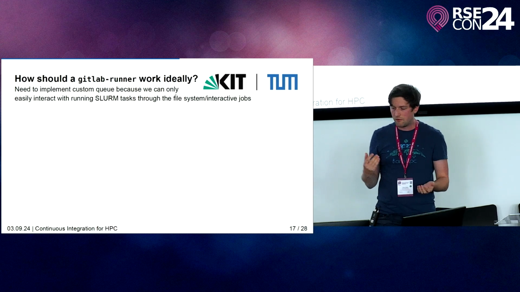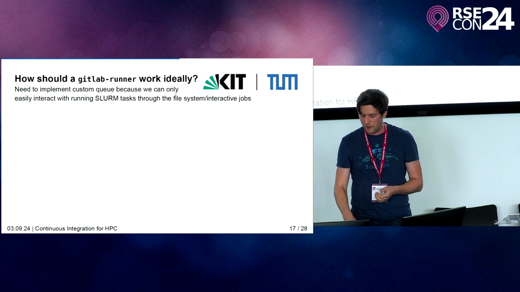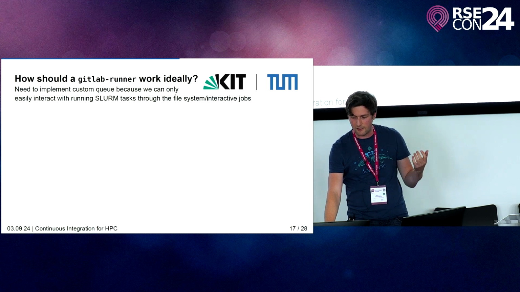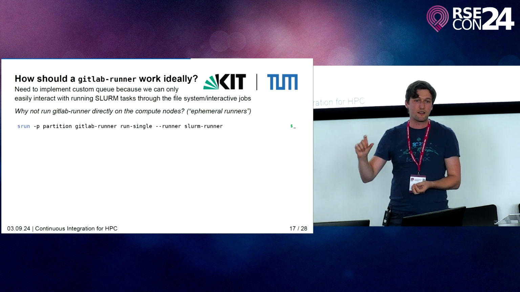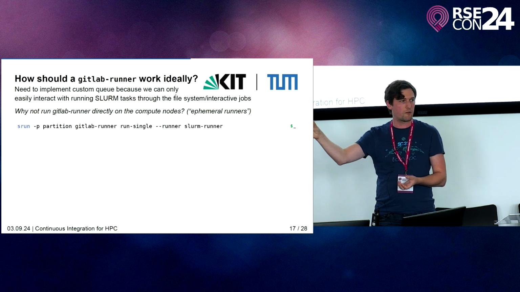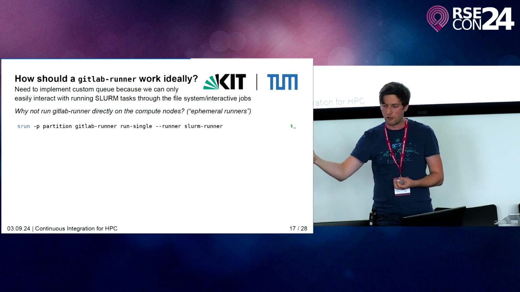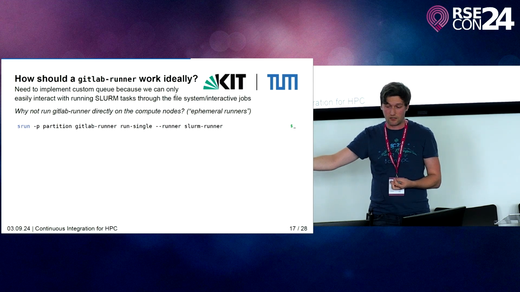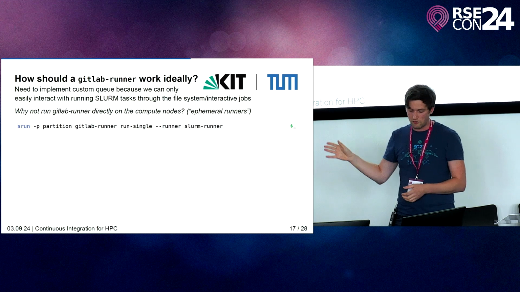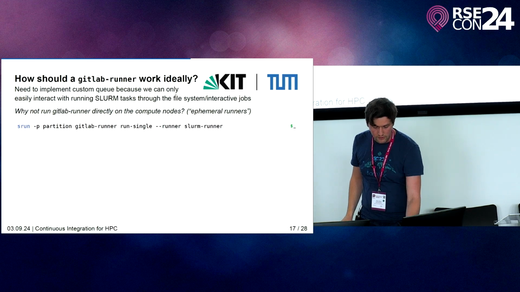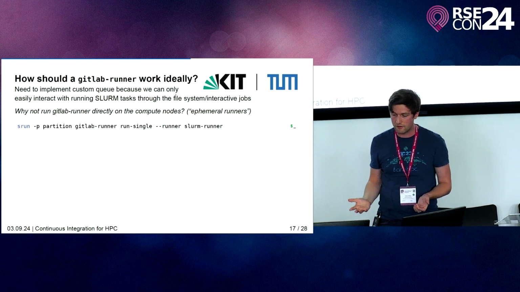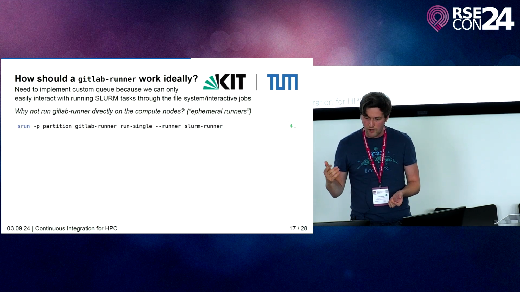We have been thinking about this for quite a while, and the easiest way that we could come up with is to directly submit a single job to be executed by the GitLab runner to Slurm on a specific partition. For that, we needed to make some modifications to the actual GitLab runner source code, but those are now merged, so everything works fine.